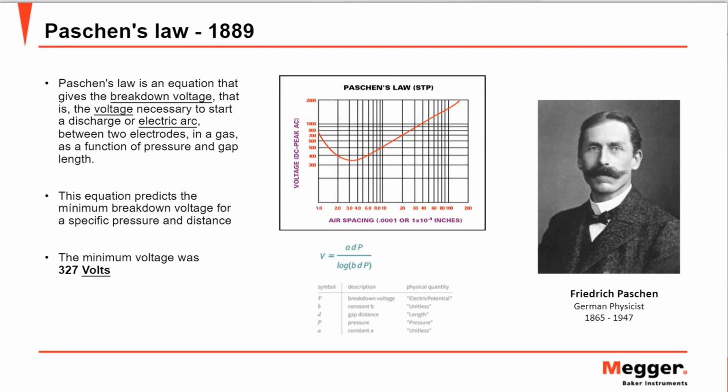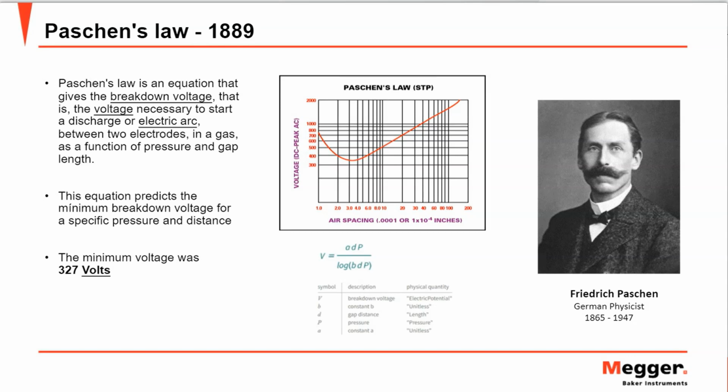In a motor, we have the copper, but we also have the insulation. If we had only two conductors, we would need only 327 volts, but because we have the insulation, we need more than 327 volts.